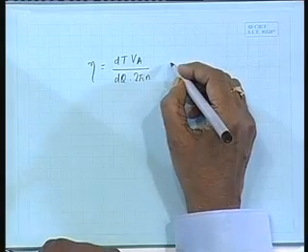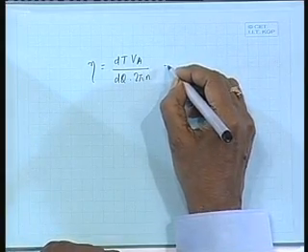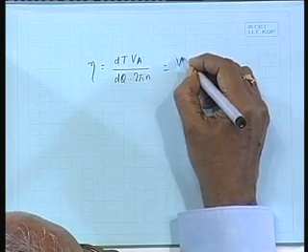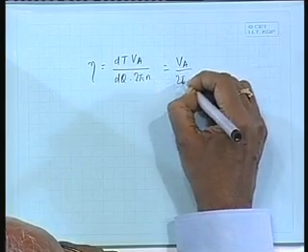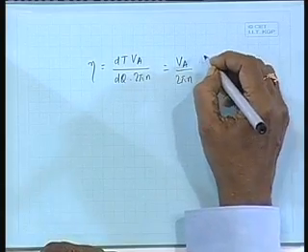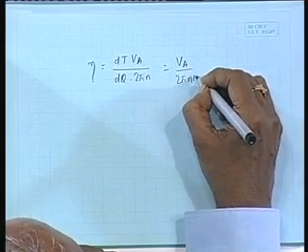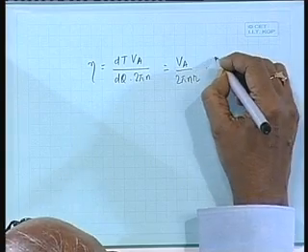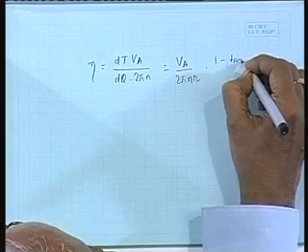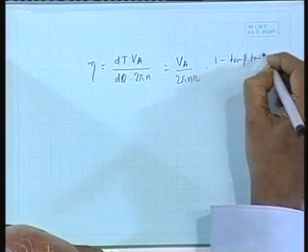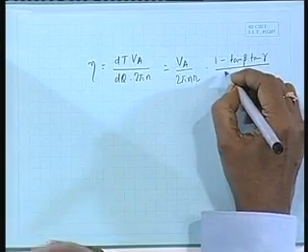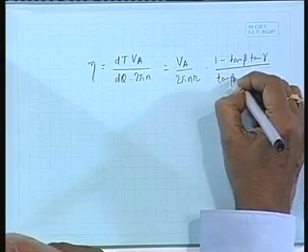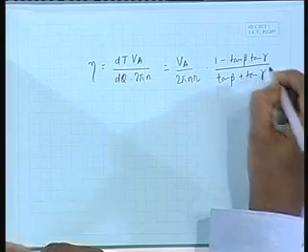And this you will find to be Va by 2 pi n r into 1 minus tan beta tan gamma divided by tan beta plus tan gamma.